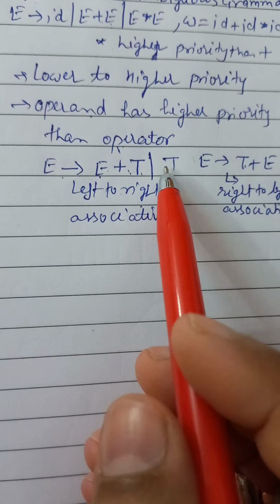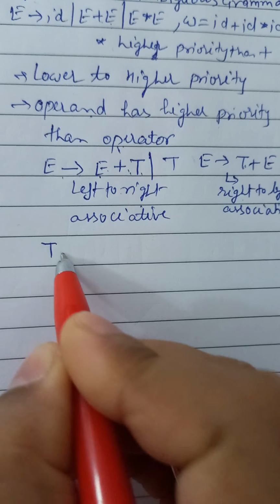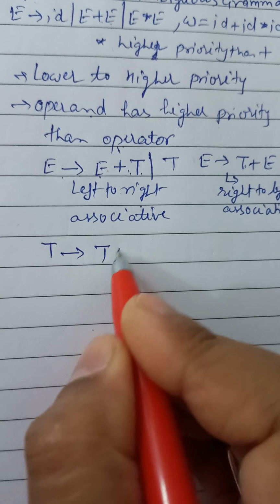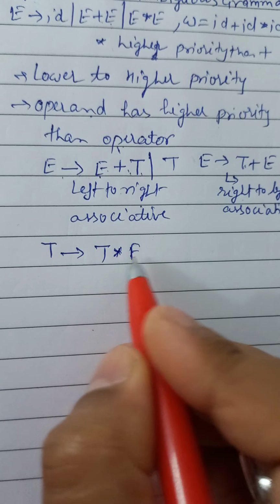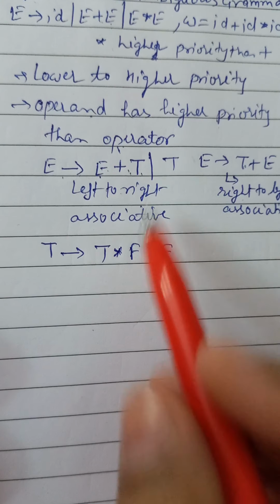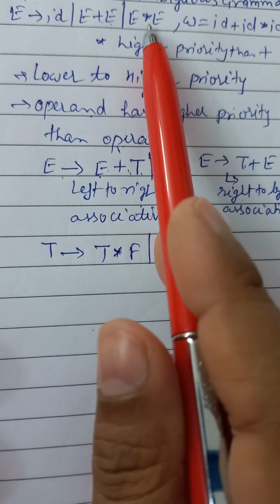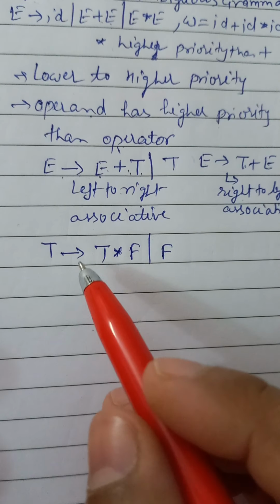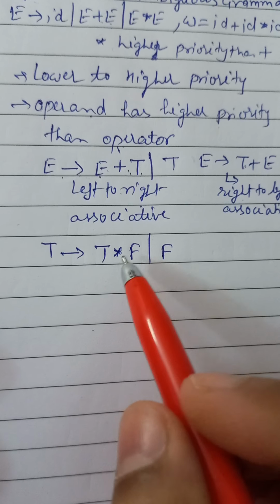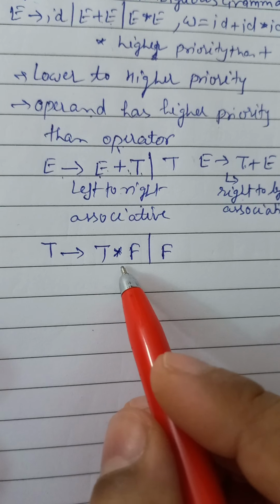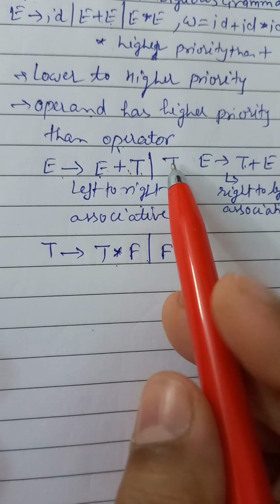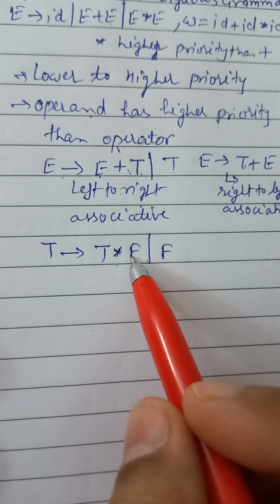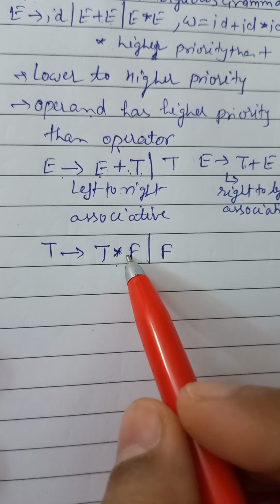Now we head towards T. The new variable T tends to, now we are heading towards star or multiplication, T star F or F, another new variable, because we have to remove the ambiguity here also, since here too we have E star E, or E multiplication E. So we are taking the new variable T star F or F. This is also left to right associative, because T is the old variable and F is the new one here.